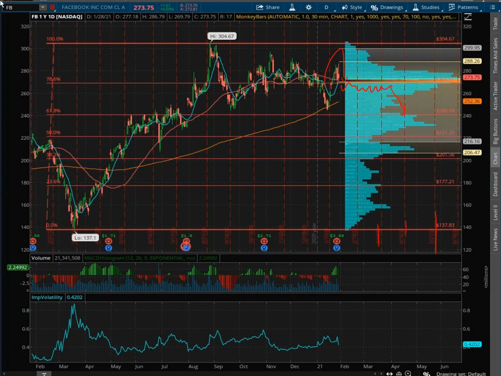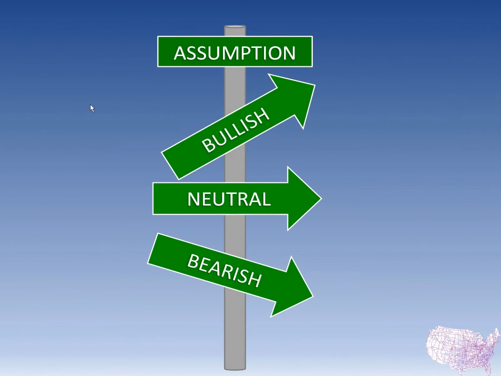So I basically have a somewhat market neutral assumption, but believe the long-term trend is going to be bearish for Facebook. I think that they're going to see some of their marketing pull back a little bit. I think less and less people are going to be using Facebook. Let's just say that's how I came up with my assumption, okay? All right, so I'm not bullish, but I am more neutral to bearish, long-term bearish, all right?